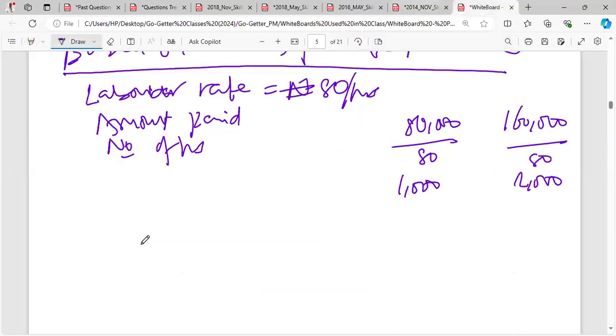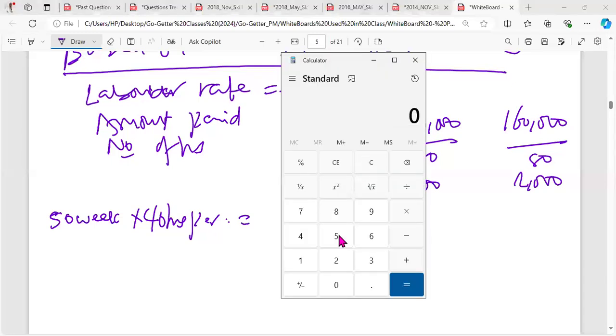So let's see. 50 weeks times 40 hours per week. So that will give me what? 50 multiplied by 40, that's 2,000 hours.